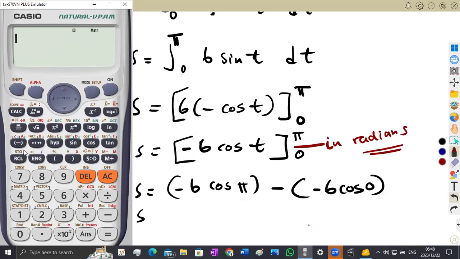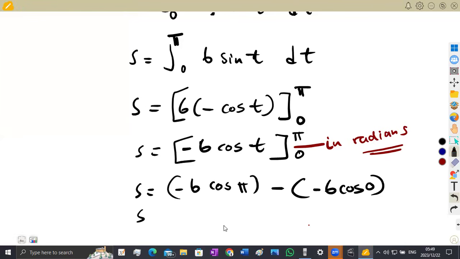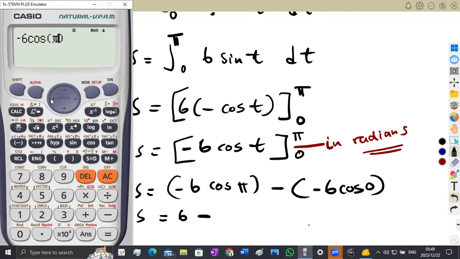So you put this on our calculator: -6 cos of pi. This is going to give us 6. So we obtain 6 minus -6 cos 0. Here -6 cos 0 gives us -6.